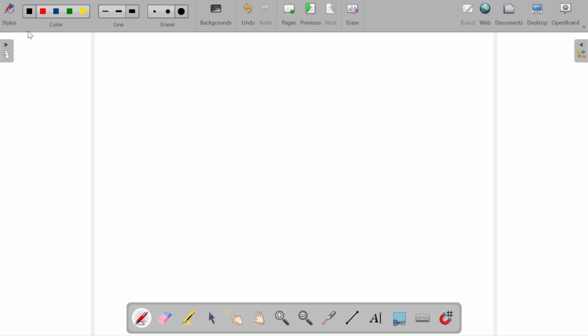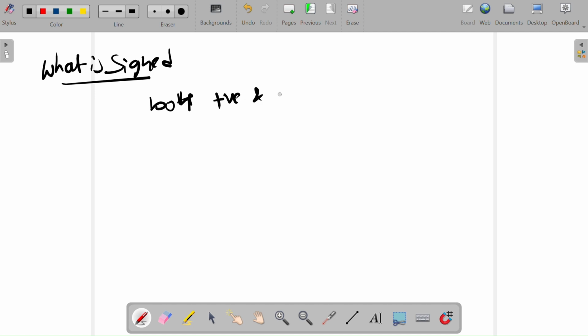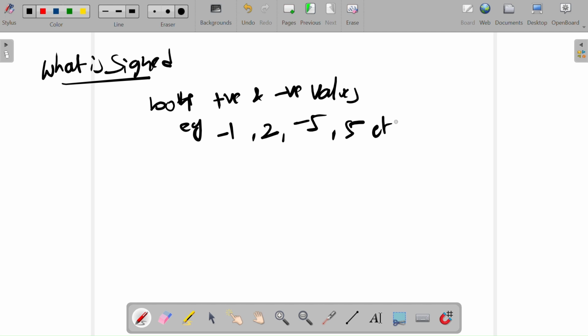What is a signed number? Signed numbers include both positive and negative values, for example -1, 2, -5, 5, etc. What is unsigned?